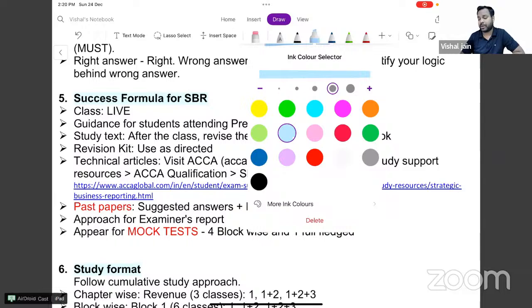A very important one, very important. Guys, please understand that if you are taking pre-recorded lectures, you need to be connected to your educator. If you have taken classes from me, you have to be connected to me. If you have taken classes from anyone else, you have to stay connected to your educator. Why am I specifically telling this? I have faced this issue in the past. A student takes pre-recorded lectures, starts watching the classes, and a week before the exam pings me on WhatsApp and says, sir, I have used this strategy for my preparation.